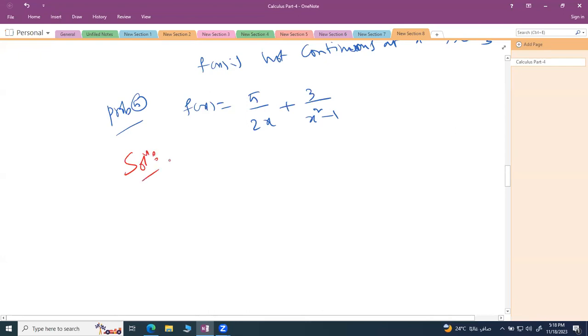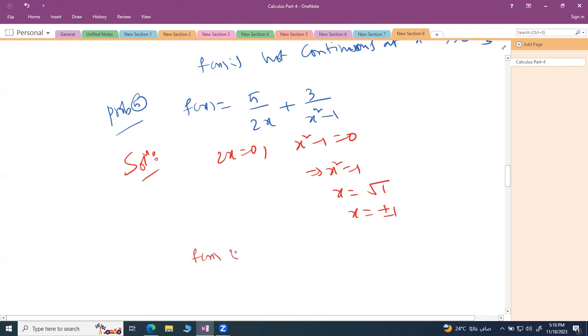Solution: 2x equal to 0, x square minus 1 equal to 0. This implies x square equal to 1, x equal to root 1, x equal to plus or minus 1.